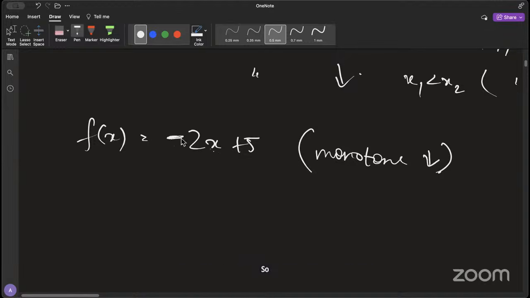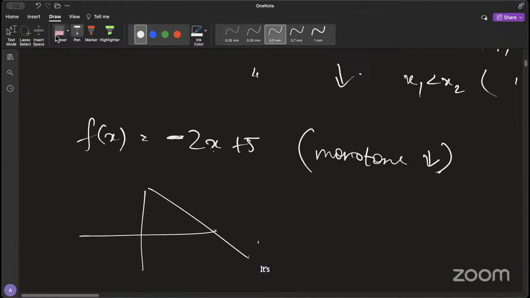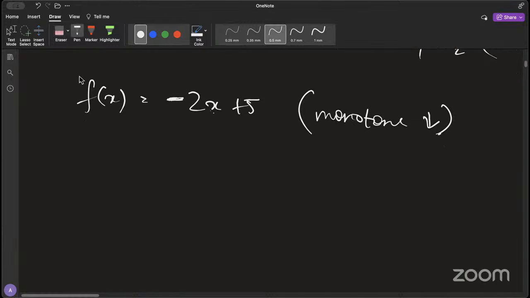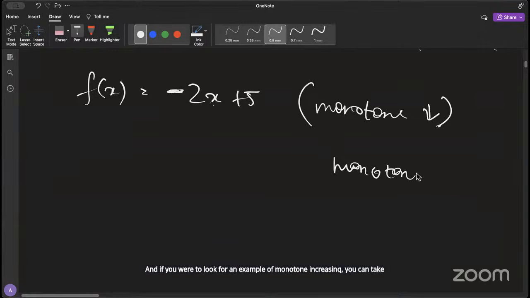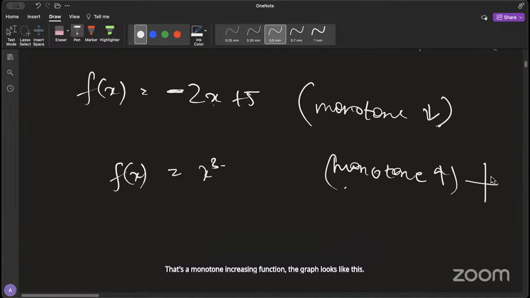The sign here is negative, which means your function is decreasing, right? So it will look like this, a straight line going down. And if you were to look for an example of monotone increasing, you can take x cube. That's a monotone increasing function. The graph looks like this.